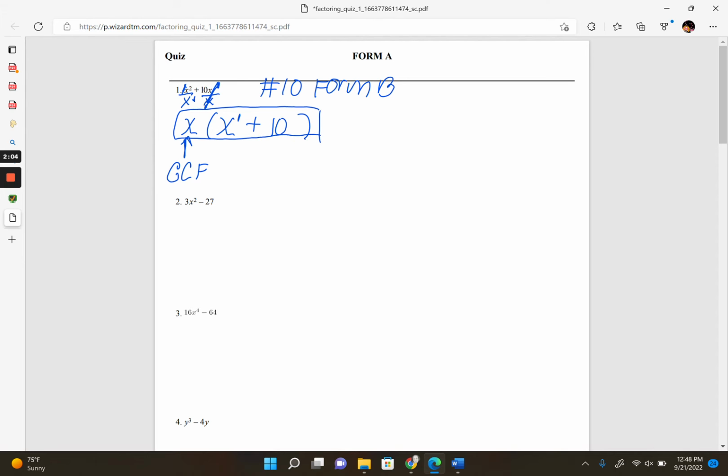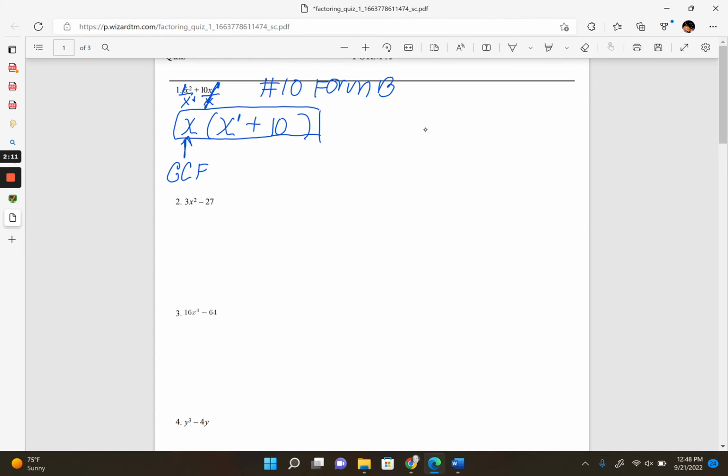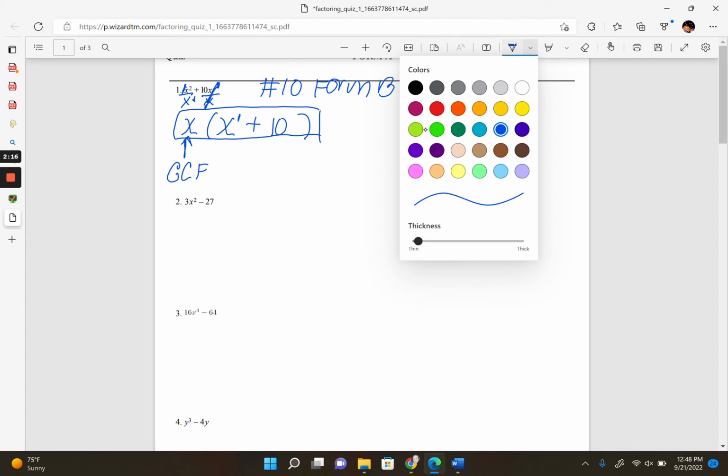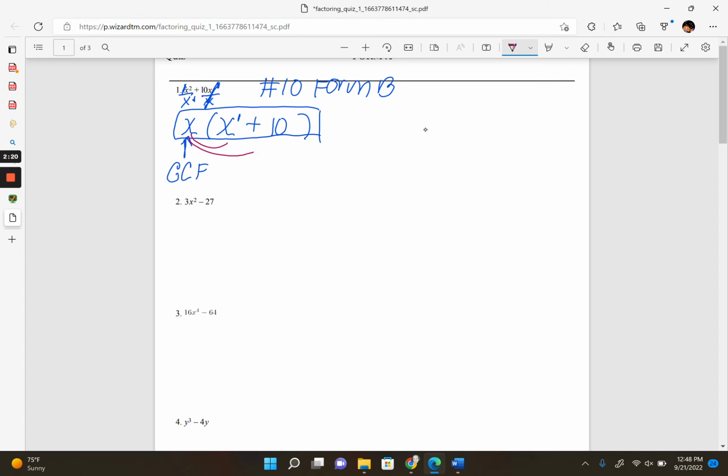After you're done, you could distribute through and check your work. x times x is x squared plus x times 10 is 10x. That's called the distributive property.